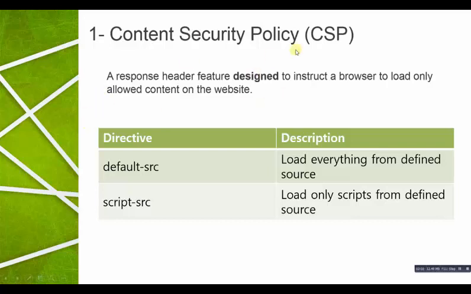For example, why is it important? Because it restricts from where you can load your resources, only from specific domains. The most used directives are default-src and script-src. Default source means load everything from the defined source, and script source means load only the scripts from the defined source or certain domain.